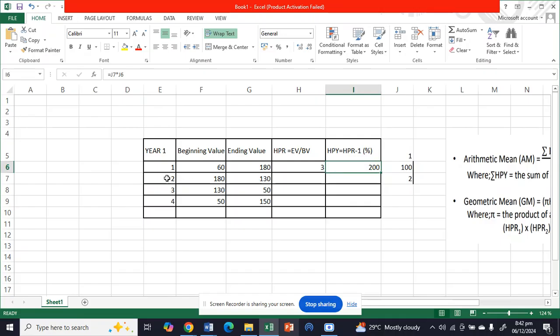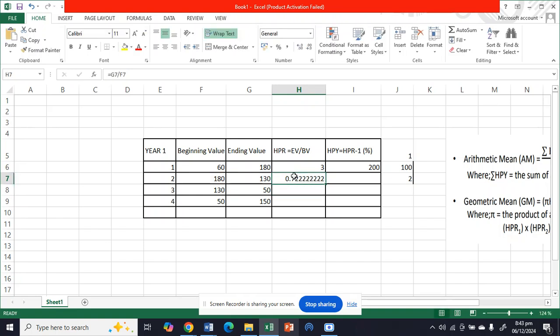We go to year two. It was worth 180, and at the end of the year, it was worth 130. So our HPR is the ending value, 130, divided by the beginning value.